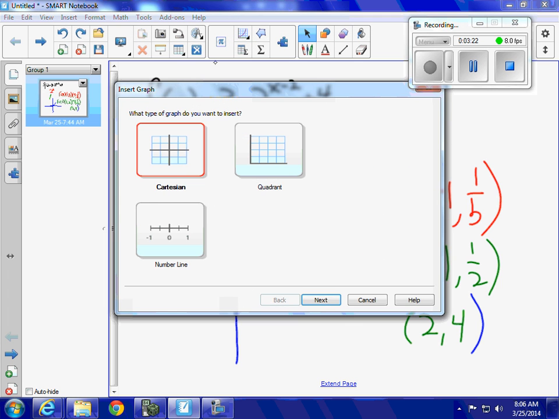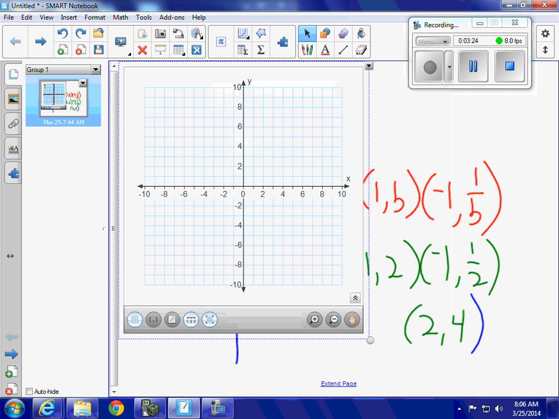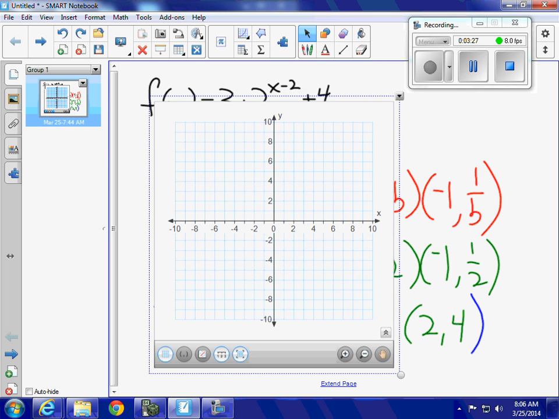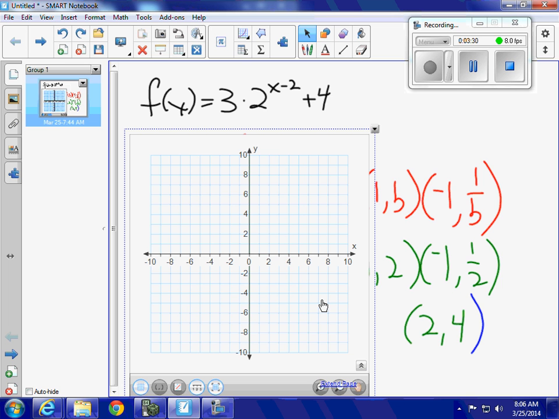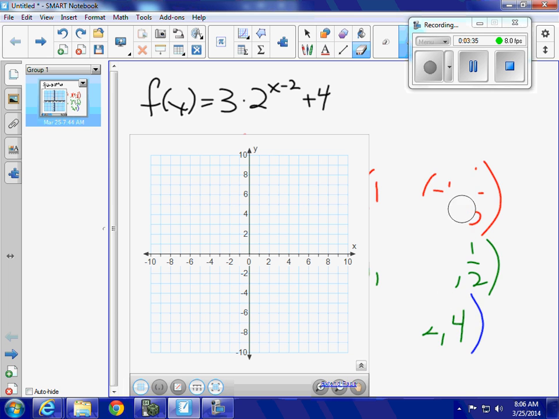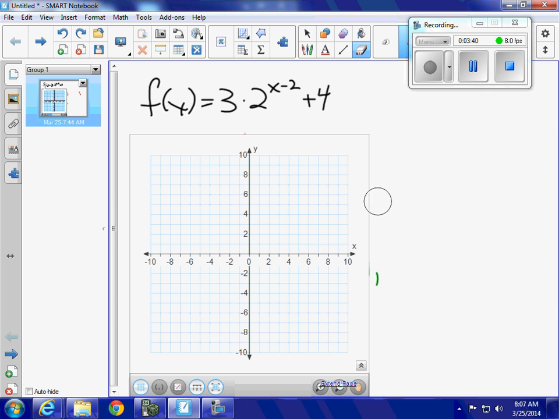So I'm graphing my parent function, 2 to the x. You have to wait through all this stuff on the video. 0, 1; 1, 2; negative 1, 1 half. There's my graph.